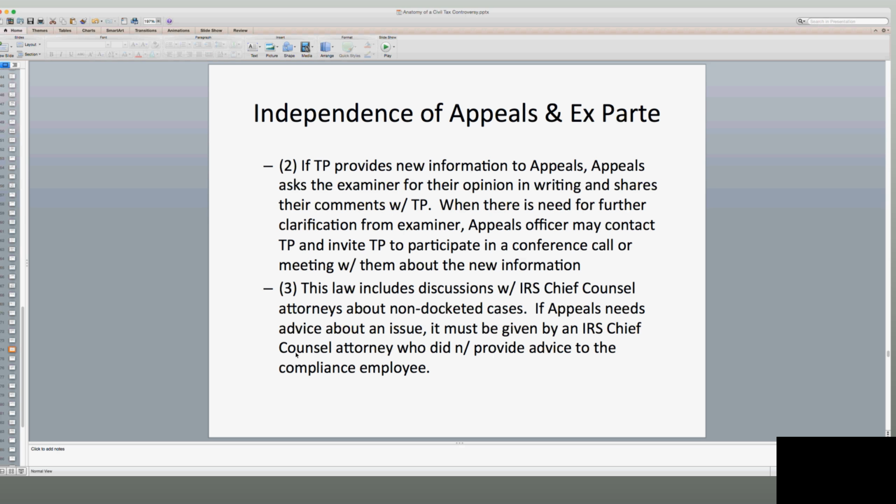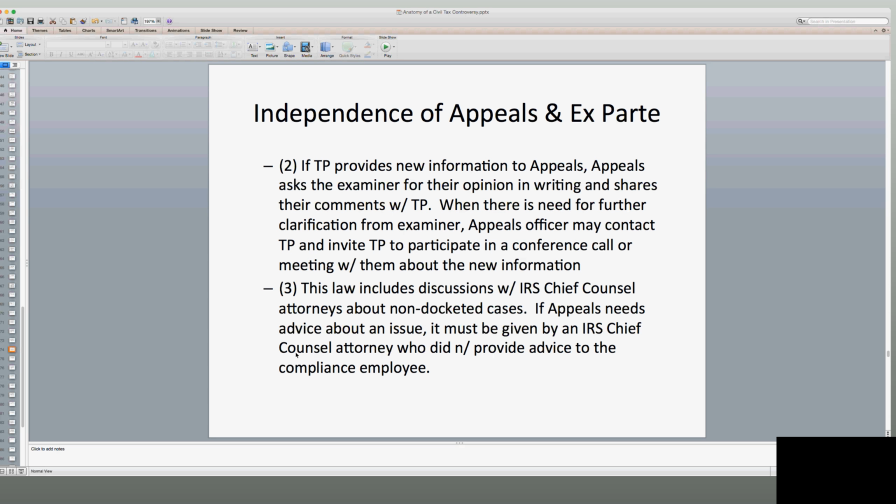And so if the case is automatically protested without a petition being filed, and then the tax court says, we're going to send it back to appeals, that's non-docketed. Non-docketed, again, in the case of where a protest is filed.